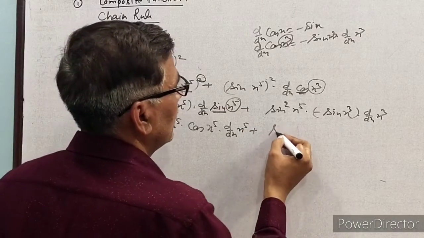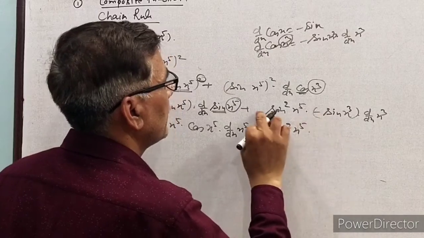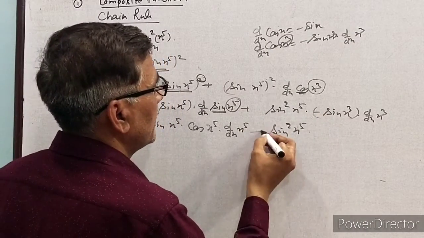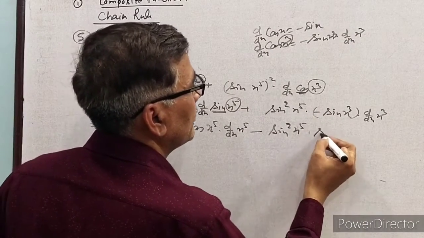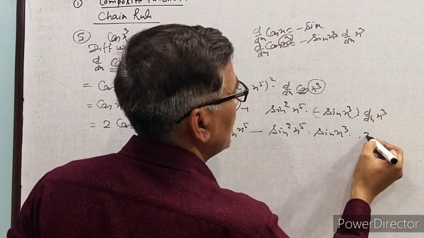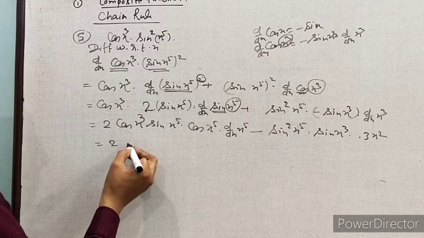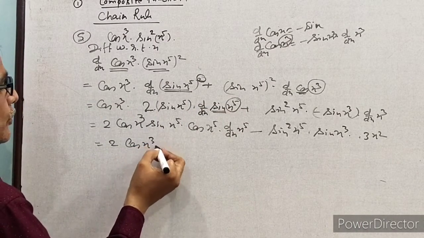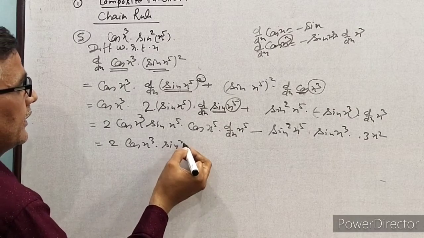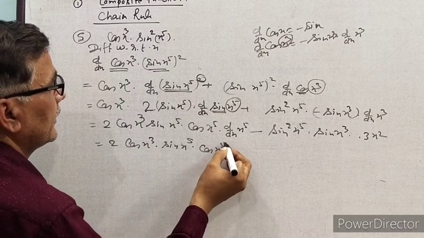Now sin square x raised to 5 plus minus becomes minus, we have to write here sin x cube, and the derivative of x cube is 3x square. This is 2 cos x cube into sin x raised to 5 into cos x raised to 5.